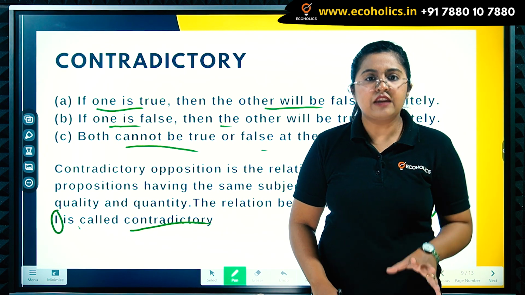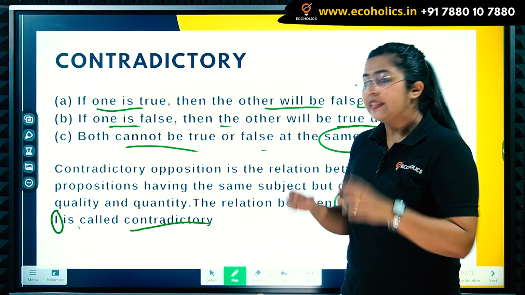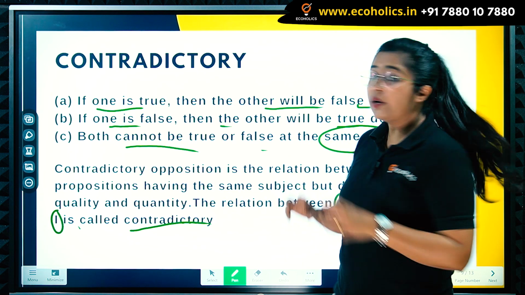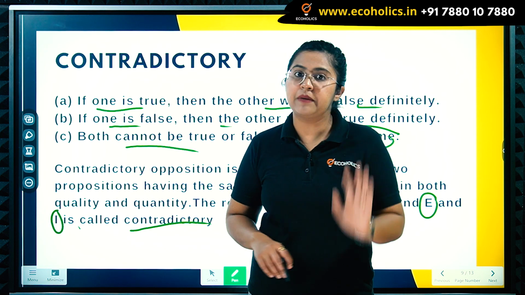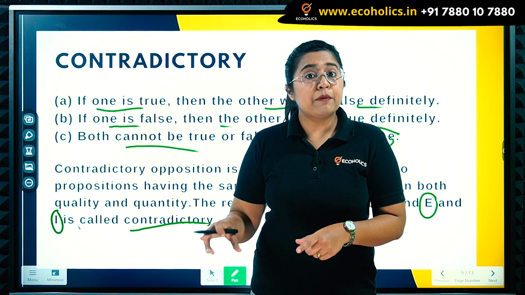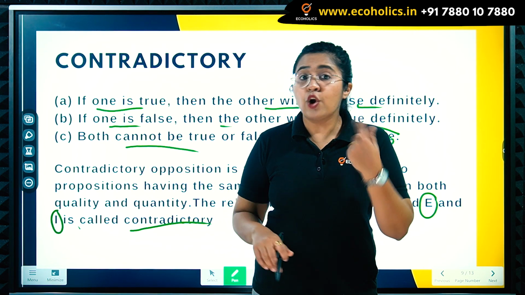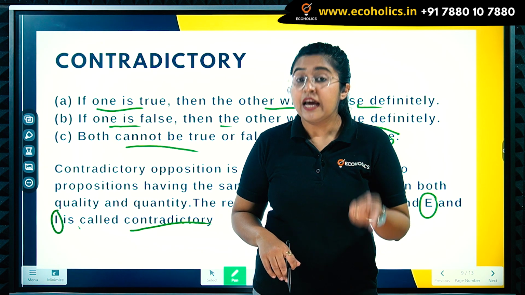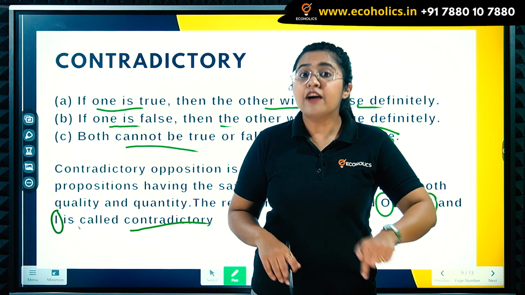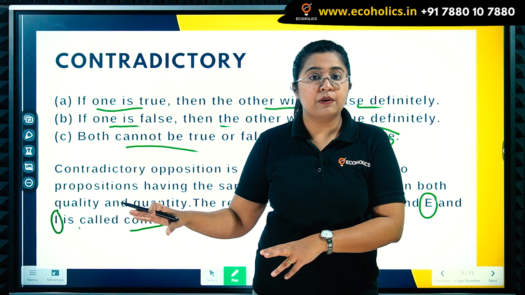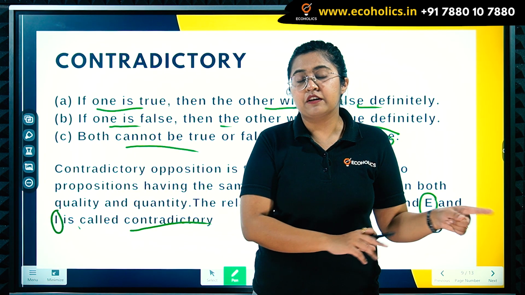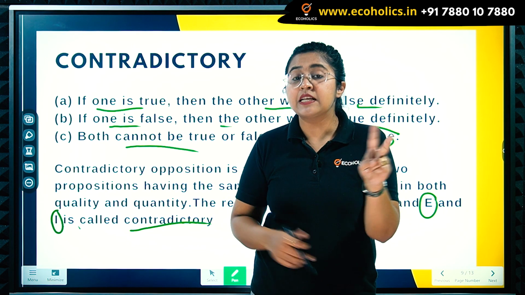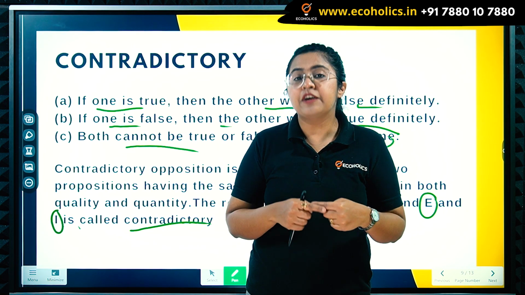Now, this is very, very important. The A type of sentence is the universally affirmative sentence. The O type of sentence is partially exclusive, not universally negative. These are the two statements which are contradictory to each other.